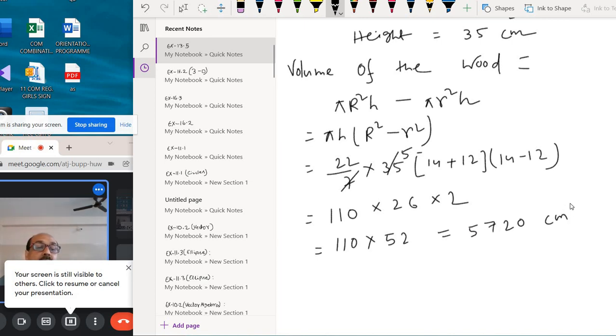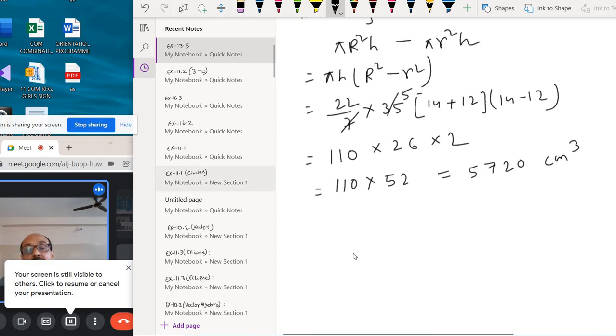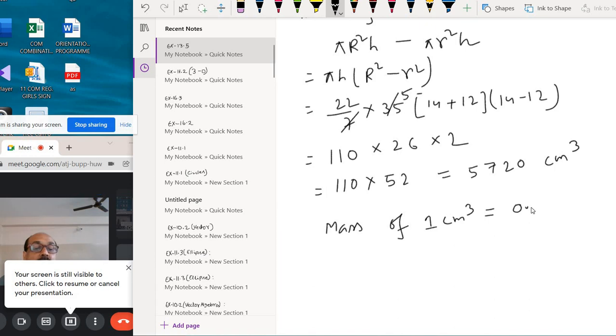Now the mass of 1 centimeter cube is given in the question: 0.6 gram.